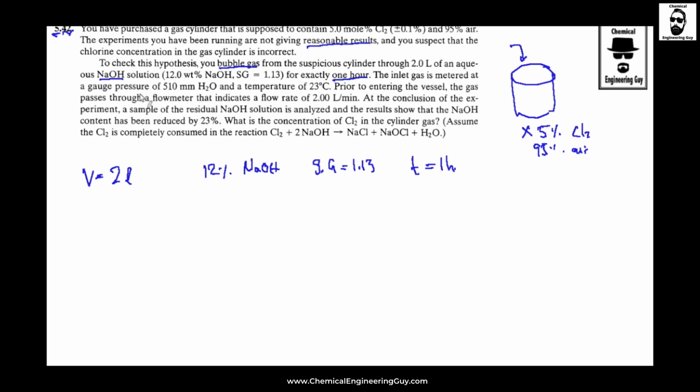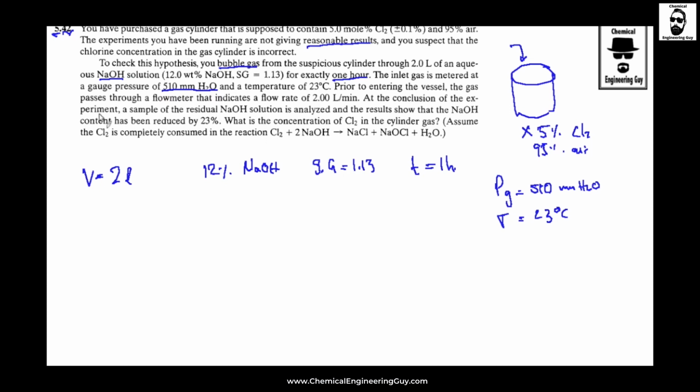The inlet gas is measured at a gauge pressure, so they give you this pressure. Let's use gauge pressure equals 510 millimeters of H2O, and a temperature of 23 Celsius.